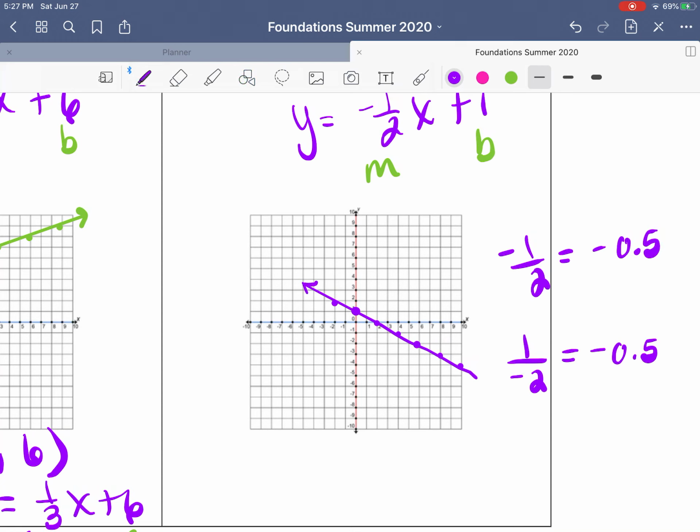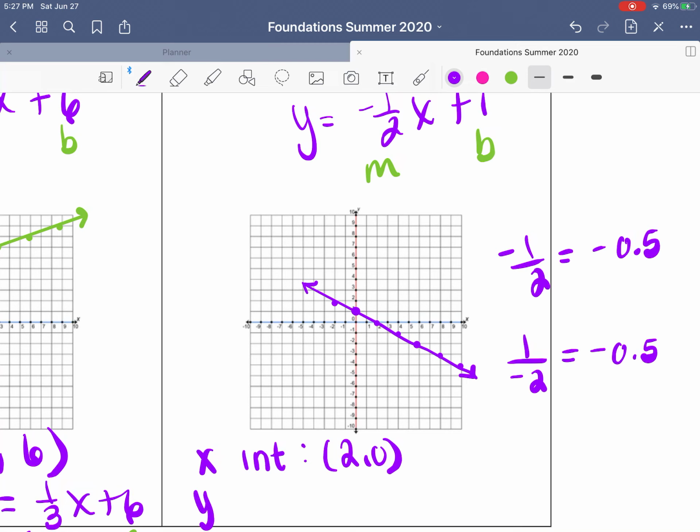Okay. And luckily from this one, we can see the y-intercept and the x-intercept. This is the x-axis and the y-axis. So the x-intercept is (2, 0).